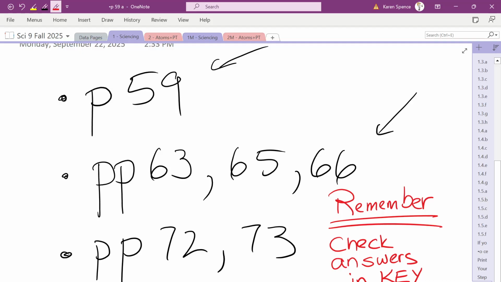Anybody else got a ruler? Fantastic. Okay. You have it around your phone. Oh, yeah.